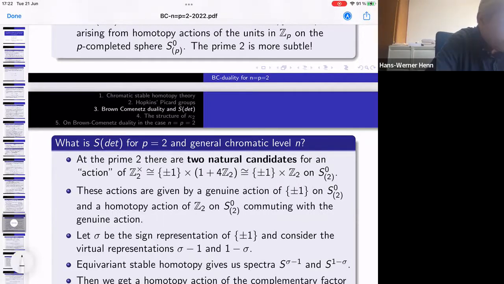And so for the action of ±1, you consider the virtual representations σ - 1 and 1 - σ, where σ is the sign representation of the group of order 2. Then equivariant stable homotopy gives us spectra S^{σ-1} and S^{1-σ}, which arise from the one-point compactifications of the corresponding representation spheres.